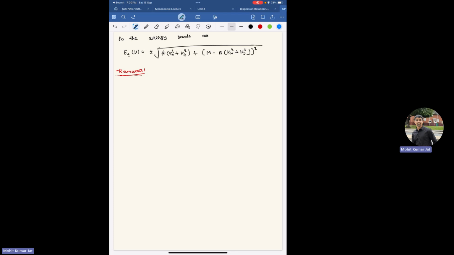So if I have to write these down, I'll write: at small k the gap is 2 times modulus of M if B k squared is negligible.